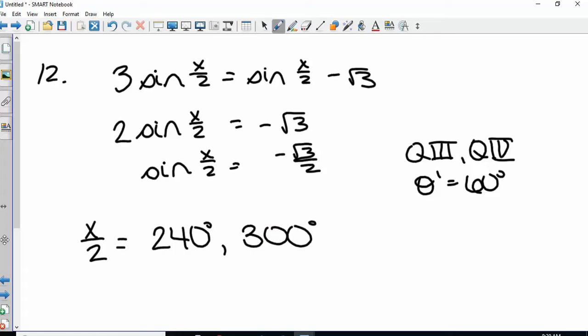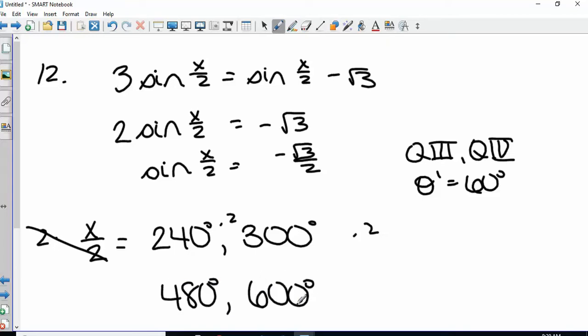We don't have double solutions on this one. Basically what that x over 2 means is we only get half of our sine graph. If I'm trying to solve for x, we multiply everything by 2. So we get 480 degrees and 600 degrees. But my directions said give me the solutions between 0 and 360.